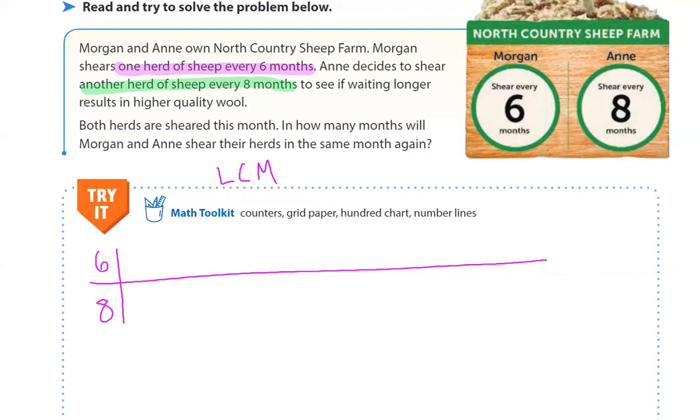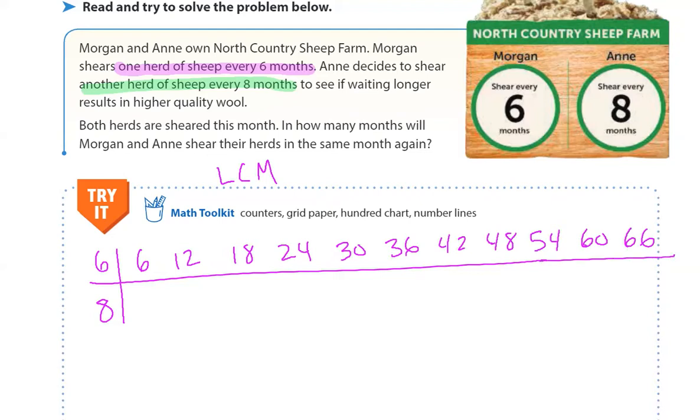If you had me last year, you've heard 6, 12, 18, 24, 30, 36, 42, 48, 54, 60, and 66. And then for the 8s, I like the 8s, it has clapping.